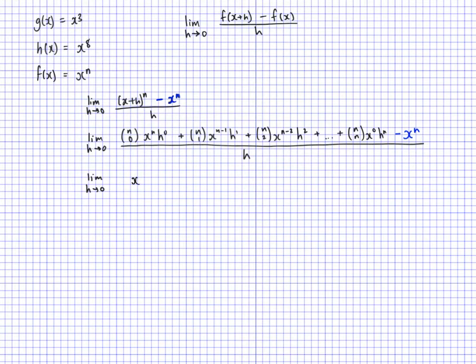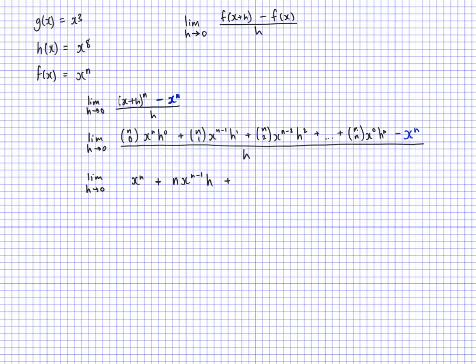So I will have x to the n plus n choose 1, which is just n, and then I have x to the n minus 1 and h. So I will have n x to the n minus 1 and h, plus, now these ones start getting a little bit more difficult and I'll need to use fractions for them.